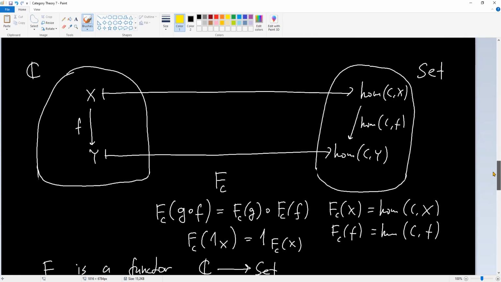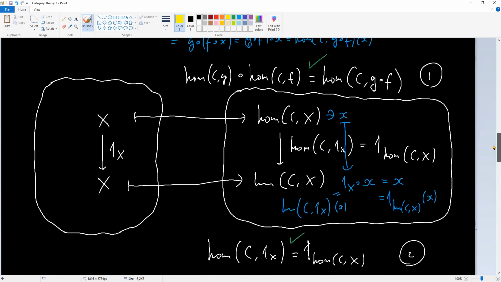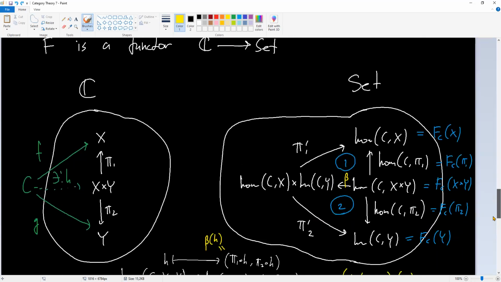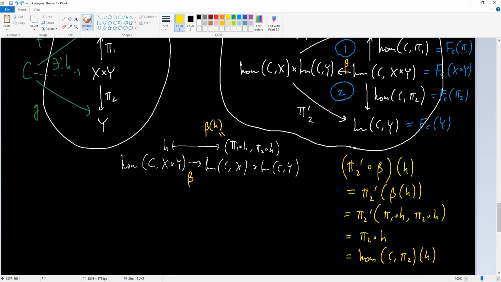Let me remind you of that. This is how we define CF, right? CF of x is exactly f composed with x. So C pi 2 of h is exactly pi 2 composed with h. Is everybody okay with this chain of equalities?